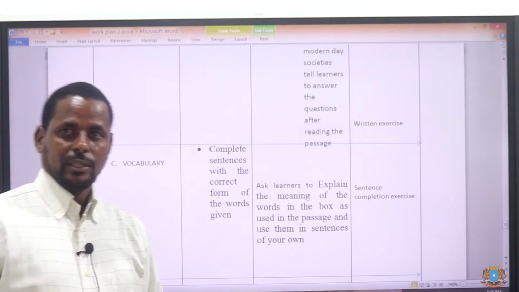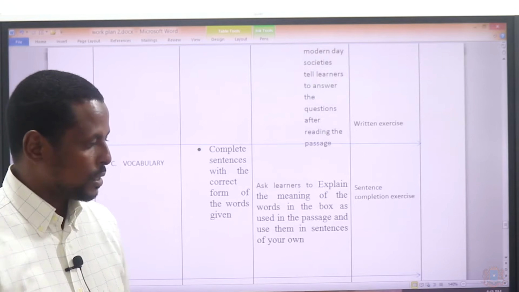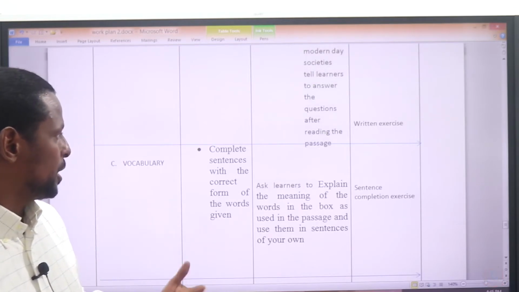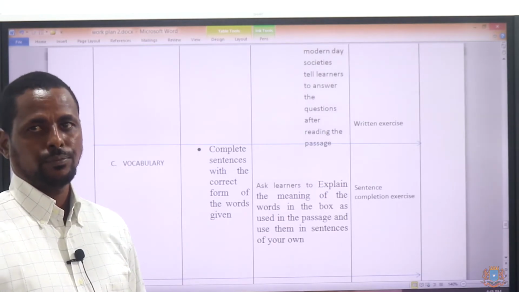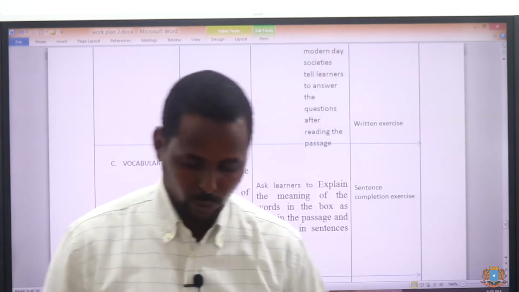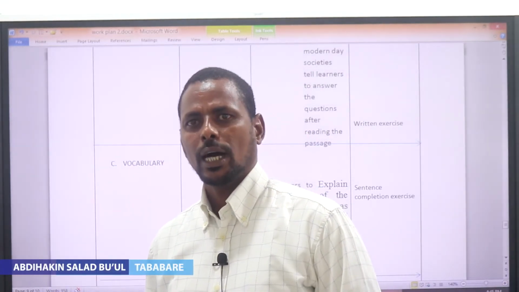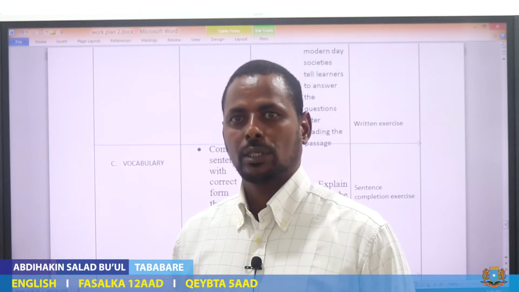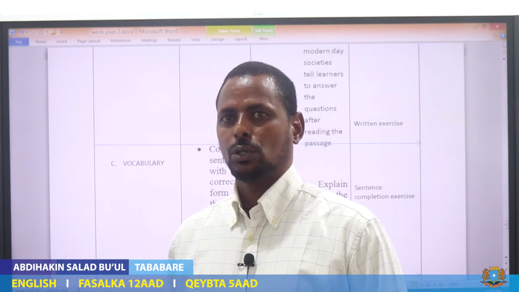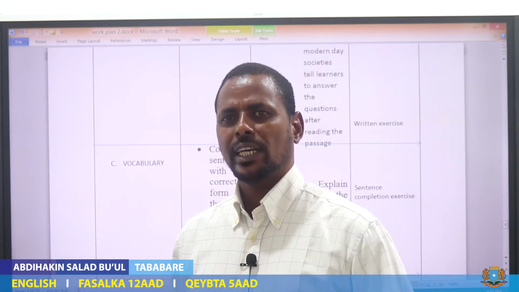Now, after reading comprehension, we have always seen that there is the segment C, vocabulary. And since we know very well that vocabulary is one primary concept of learning the English language, because the more the student reads, the more they come across different vocabularies.